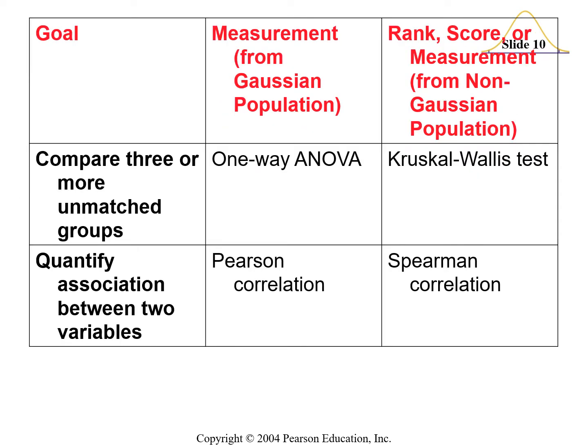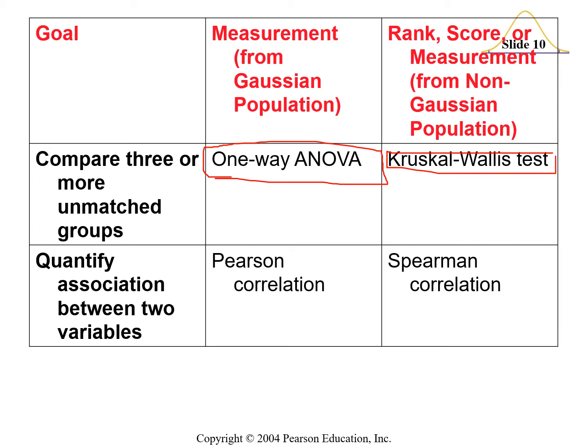For comparing three or more independent samples, we have seen before that we use one-way ANOVA, or F-test, analysis of variance. This is for normally distributed populations. The corresponding non-parametric test is called the Kruskal-Wallis test.